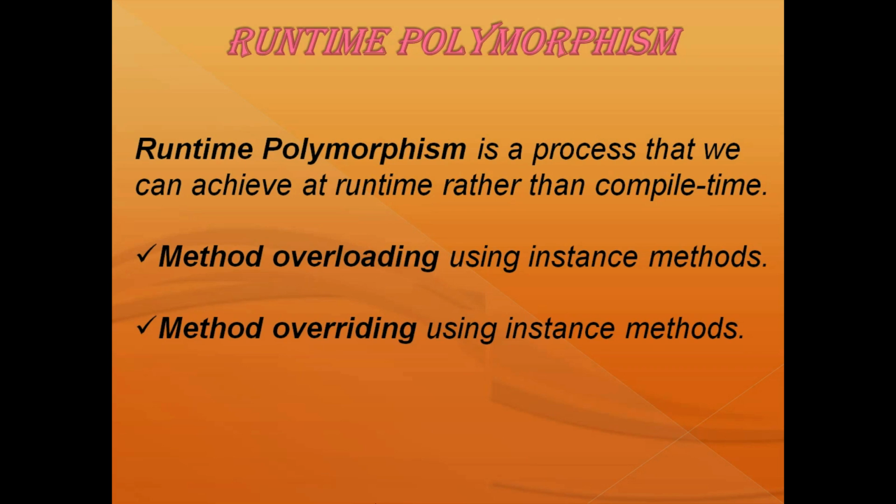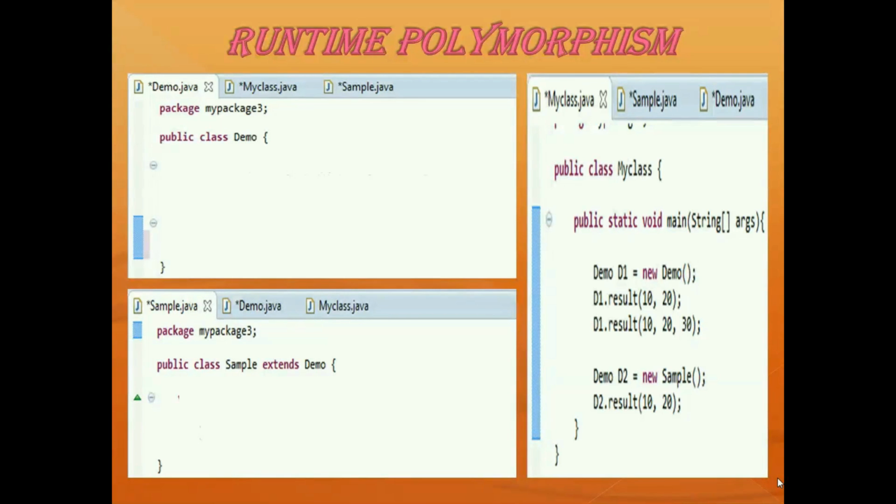Okay, so to understand in more detail, let's take an example. In this example, we have a demo class, which is my base class. This class contains two methods with the same name, but the number of parameters is different.